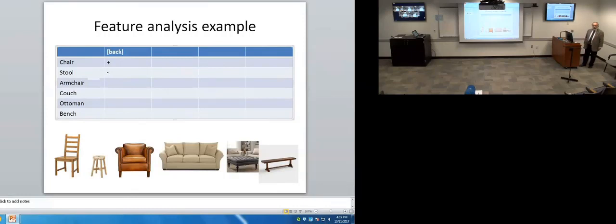All right. So we always start with like a first pair? What do you mean? You just started with chair and stool. Right. Do we, when we do feature analysis, do we always start with the first pair, or can I already see that the ottoman and the bench don't have a back and just go ahead and do it too? Well, logically, you have to start with 1, right?